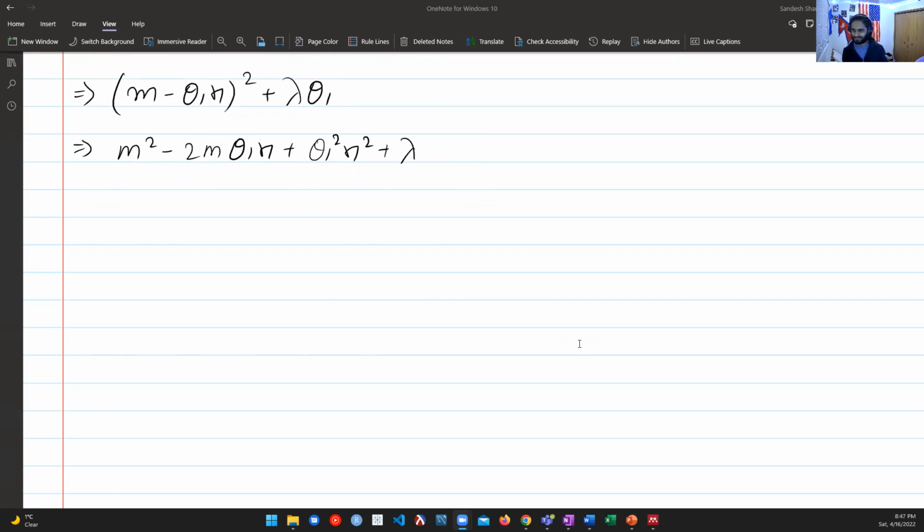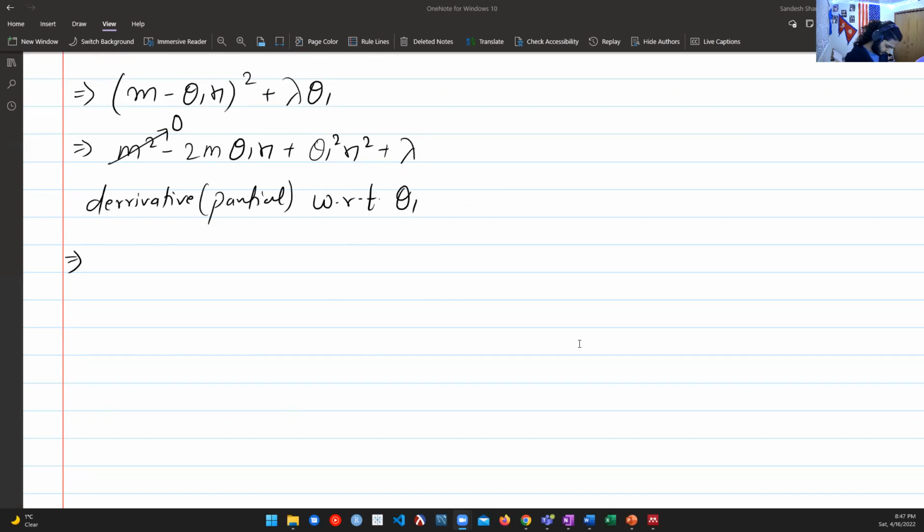Let's just rearrange this equation a little bit. Now I'm going to take the derivative, the same thing. Let's do the partial derivative with respect to theta 1. For the derivative, the m square has no theta 1 component, so it's going to go to 0.